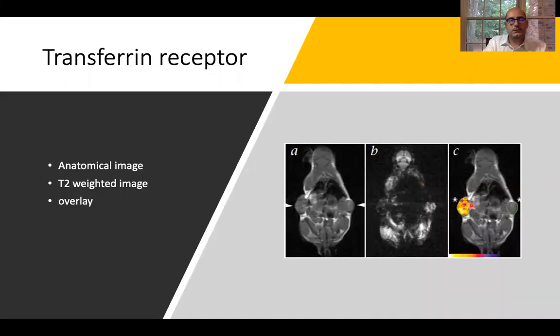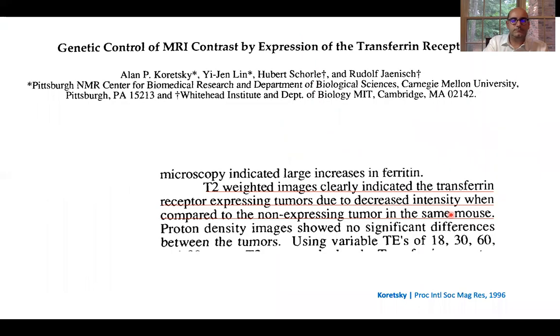As you can see here in the T2-weighted image, this is the tumor with the transferrin receptor, and it appeared to have a reduction in the T2. Giving credit also to Alan Koretsky, who did some preliminary studies with the transferrin receptor quite earlier, but never published it beyond the proceedings of the ISMRM.